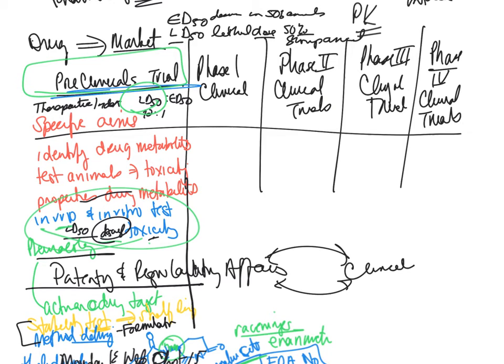It's called impurity profiling. You really need to know all your impurities, all your metabolites. You need to know what causes those problems in your metabolism and your animal studies. So it's all preclinical trials.